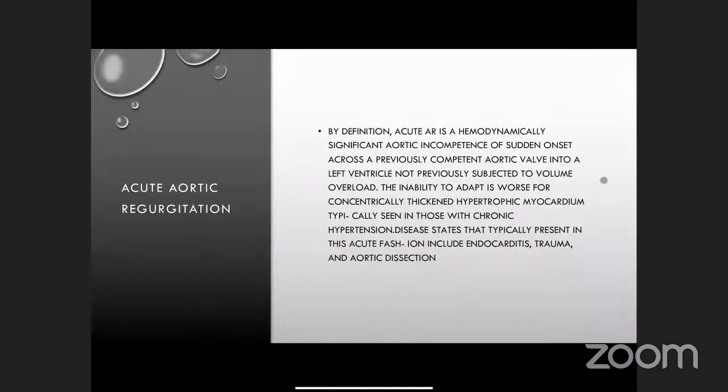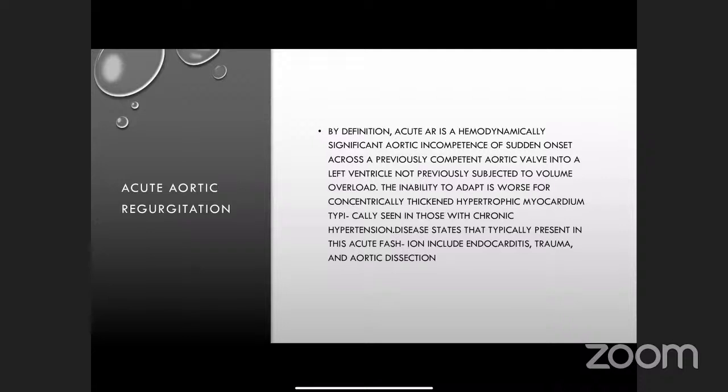Acute aortic regurgitation: by definition, acute AR is hemodynamically significant aortic incompetence of sudden onset across a previously competent aortic valve into a left ventricle not previously subjected to volume overload.